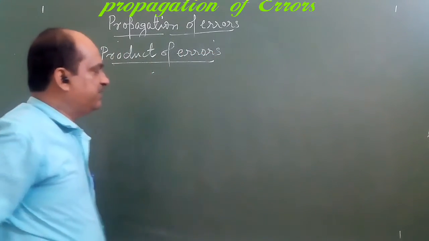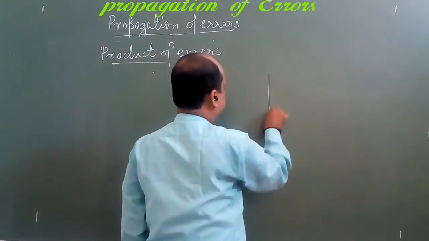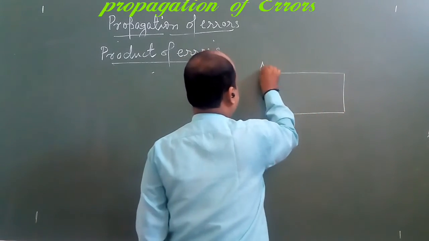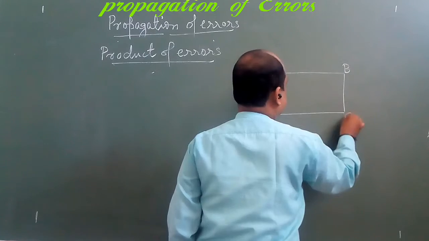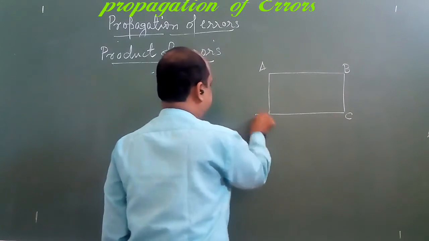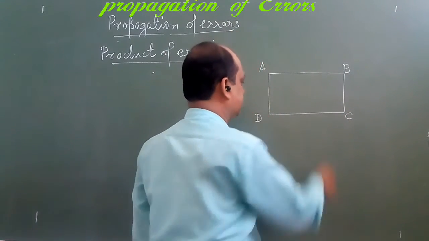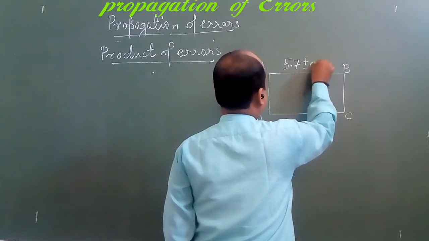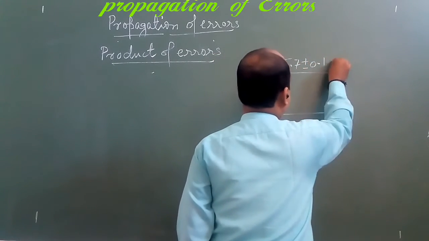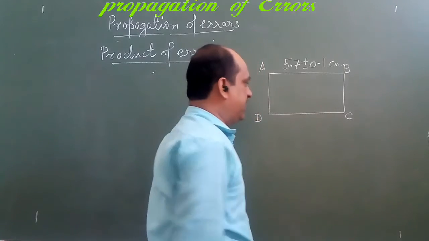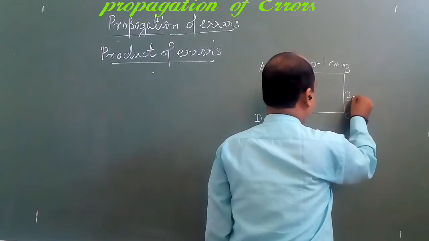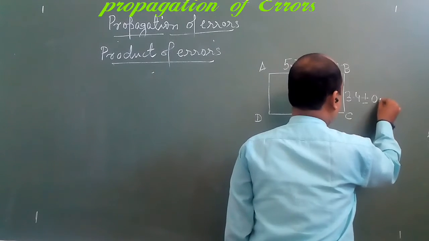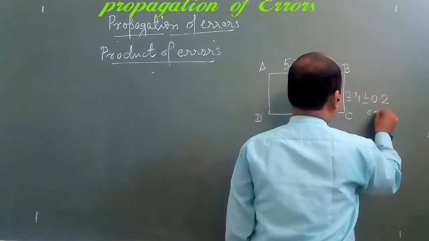Now suppose we have a rectangle ABCD. Its length is 5.7 plus minus 0.1 centimeter, and its breadth is 3.4 plus minus 0.2 centimeter.